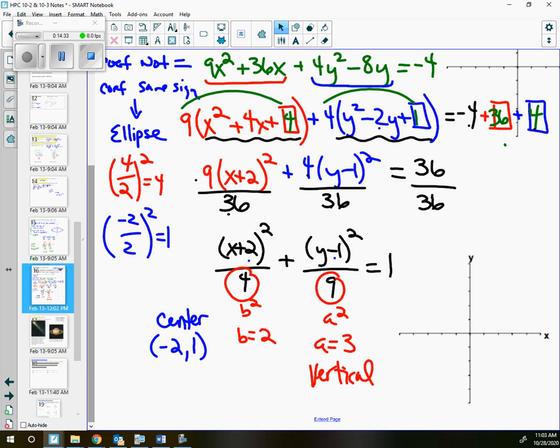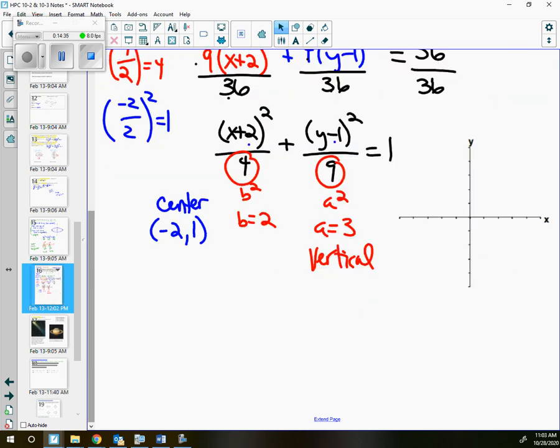All right, so how do we make our sketch again? Well, start at the center, just like you do for a circle. So I'm going to start at negative 2, 1. That's my center. And from there, in the vertical direction, I'm going to go up and down 3. So 1, 2, 3 up, and 1, 2, 3 down. Let's make sure we know where those ordered pairs are.